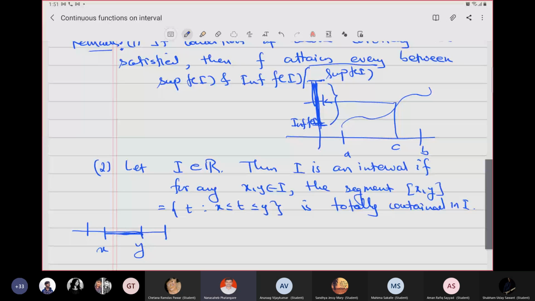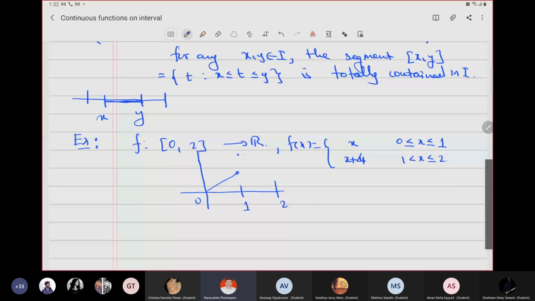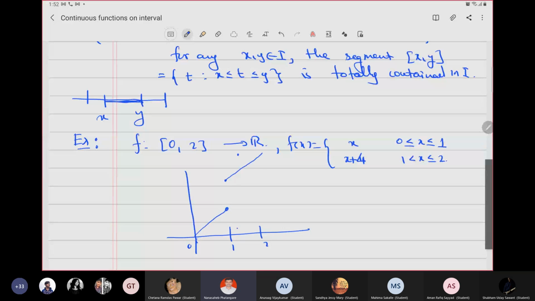From 0 to 1 it is x. Now from 1 to 2 it is x plus 4. That means at 1 the value is 5. Okay, let me draw a bigger figure. So 0 to 1 it is the same as x, and 1 to 2 it is x plus 4.